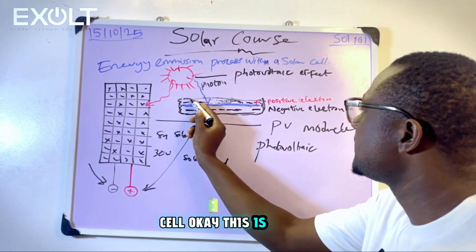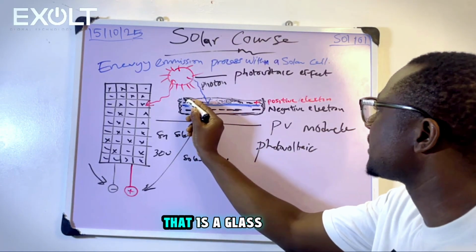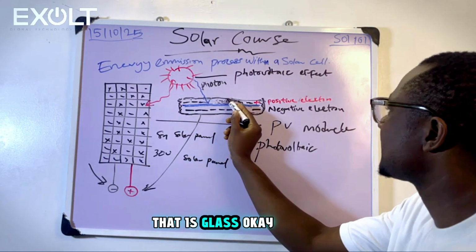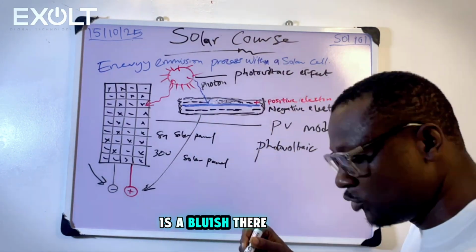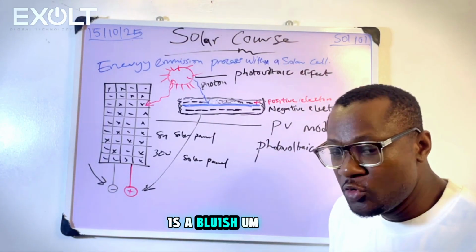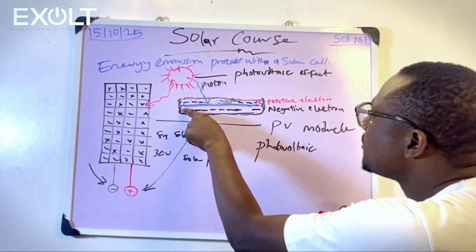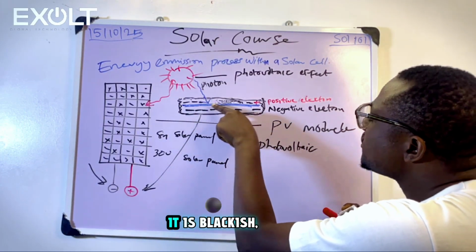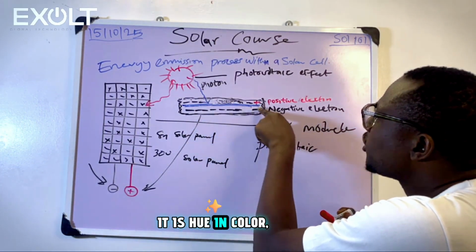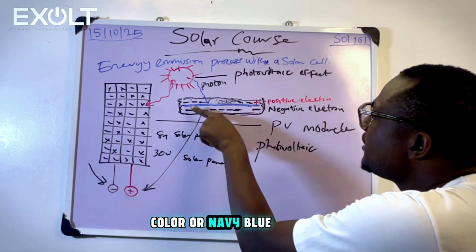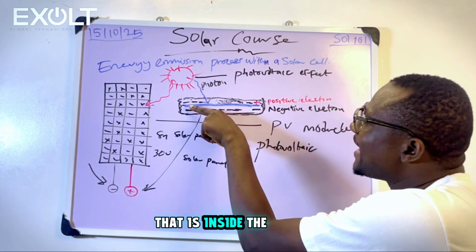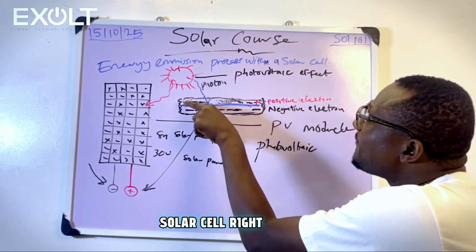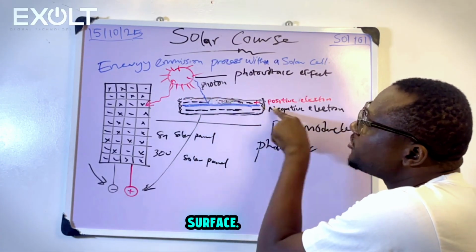This is the surface of the panel, which is glass. Within it there is a bluish semiconductor. It is either bluish, blackish, dark blue or navy blue in color, but there is something dark inside the solar cell right after the glass surface.